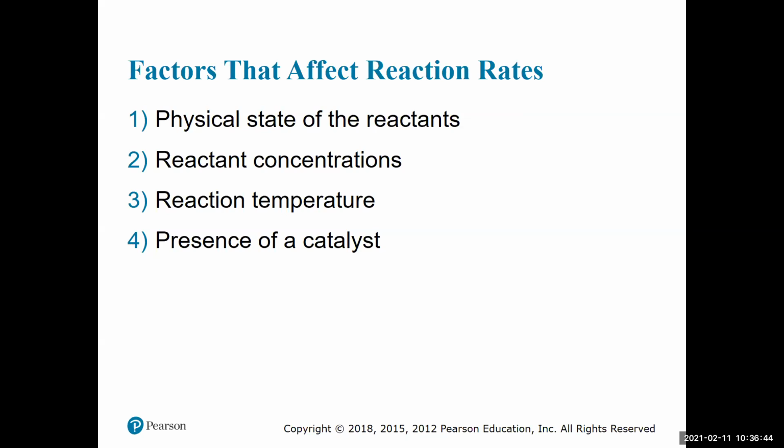One is the physical state of reactants. Another is the reactant concentrations. The third is reaction temperature. And the fourth is the presence of something called a catalyst. So this morning, we'll go into a little bit more detail of what we mean when we talk about these four areas that affect reaction rates.